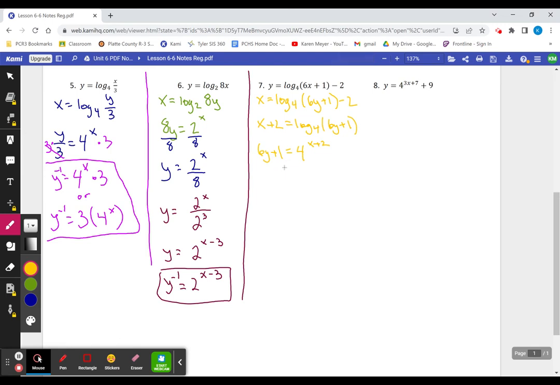So to get rid of the plus 1, you should subtract it over. And then if we want to get rid of the 6 in front of the y, we're going to divide it away. So my inverse would be 4 raised to the x plus 2, minus 1, all over 6.